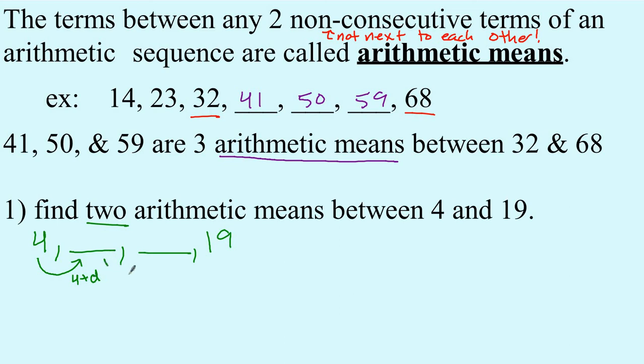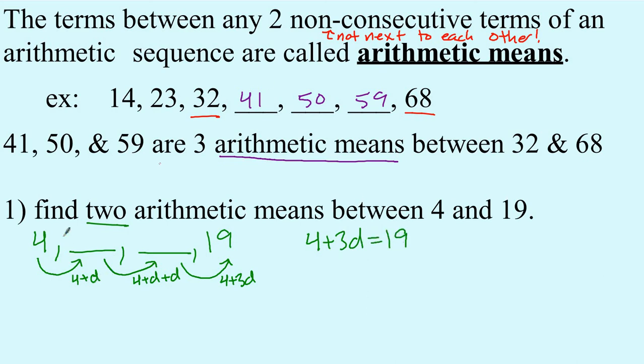To go from the second term to the third term, I'm going to add another difference. So 4 plus D plus another D. Then to go from the third term to the fourth term, I need another one. So that's going to be 4 plus 3d. So that means that last term I got, 19, has to equal 4 plus 3d.